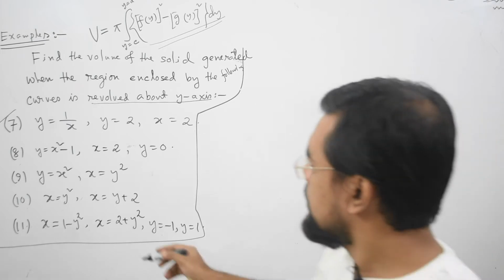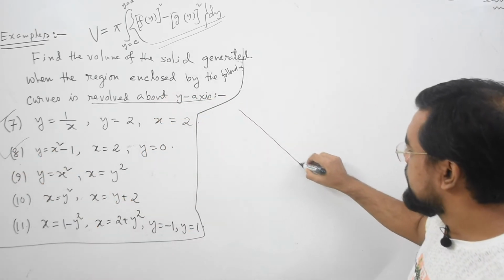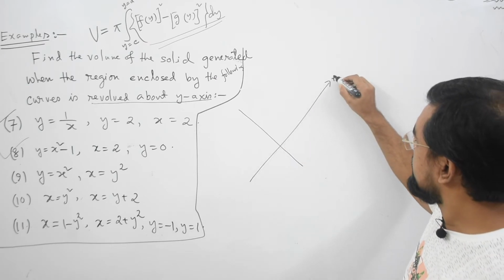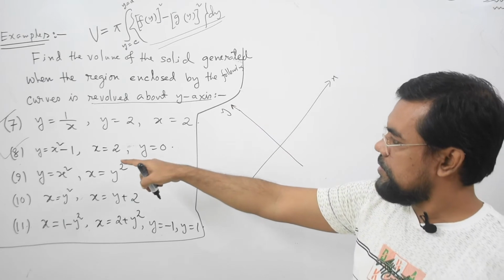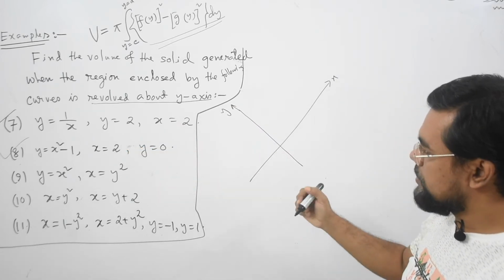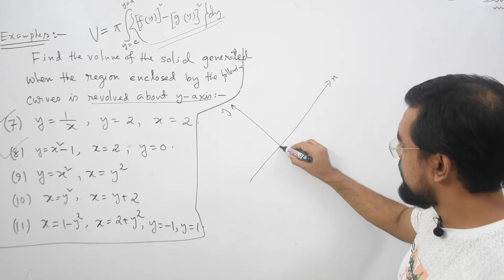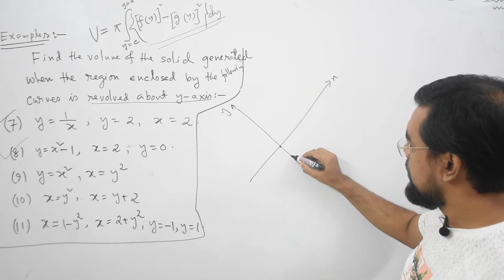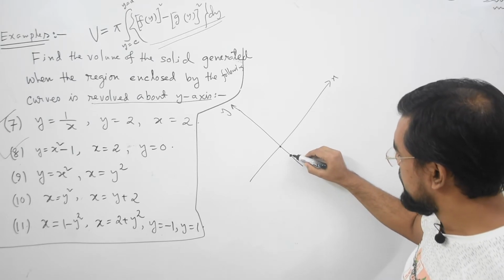Here we have three curves. Let me first sketch the graph. The first one is y equal to x squared minus 1. So y equal to x squared is a parabola which opens up, but the vertex will not be at the origin. Instead the vertex will be 1 unit below.